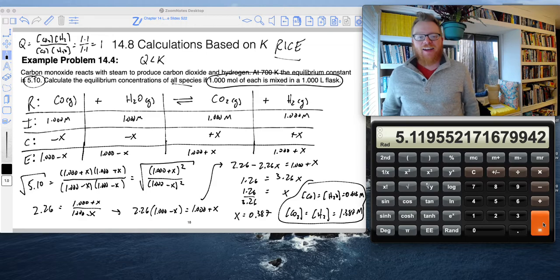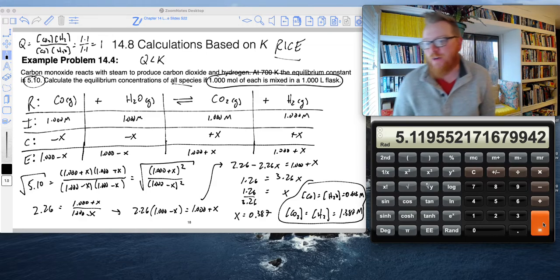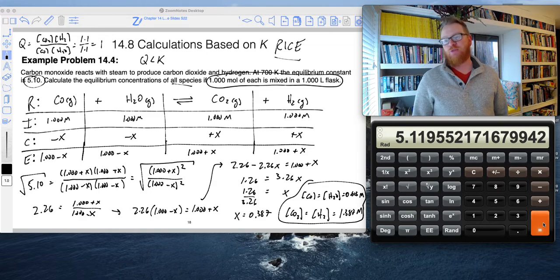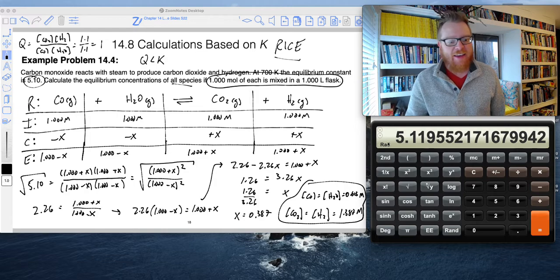I got not quite 5.10, I got 5.12. That's perfectly fine. Perhaps if we had carried a few extra sig figs through, we would have got that 5.10 right on the money. However, we want to follow the sig fig rules. So it's totally fine if the concentrations we calculate give us an equilibrium constant that's just a little bit off.